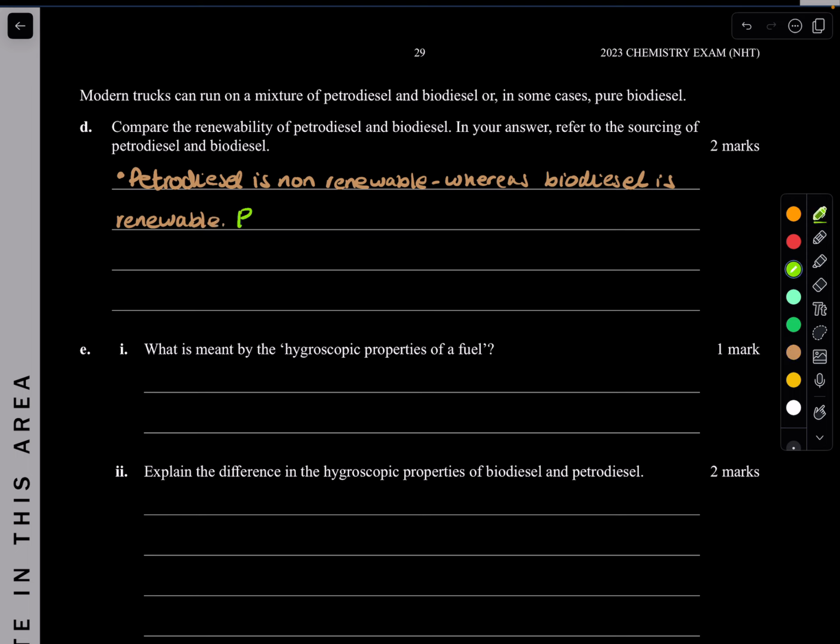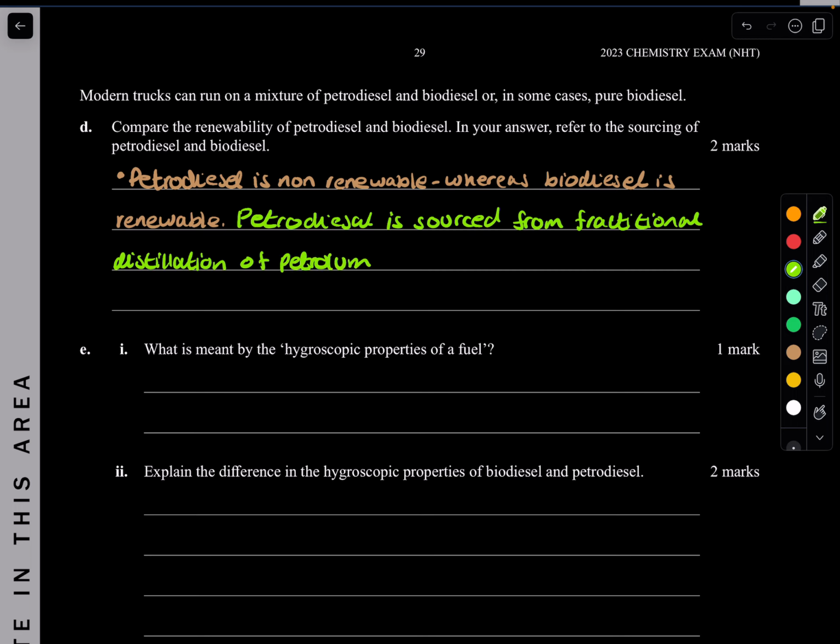So we know that petrodiesel is sourced from fractional distillation of petroleum. Petroleum or crude oil basically mean the same thing. Petroleum, I don't even know if I spelled that right, which is a fossil fuel.